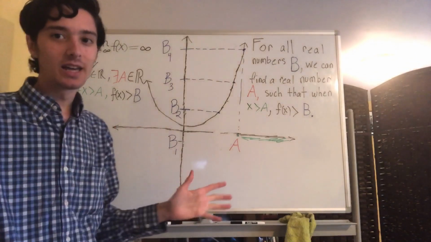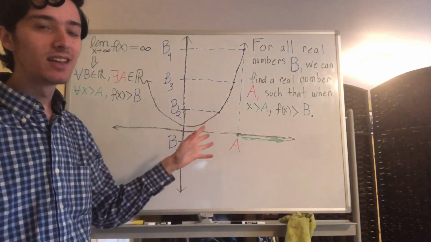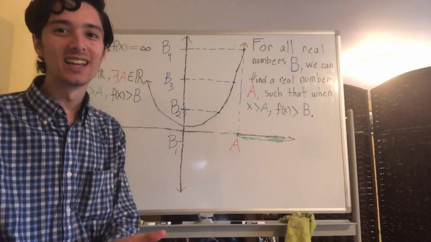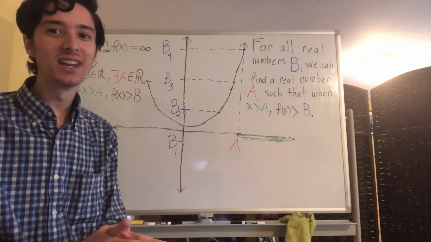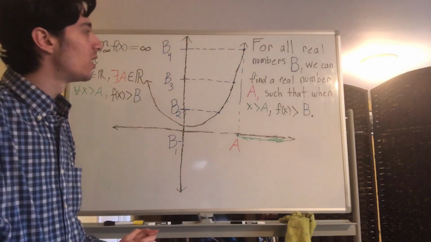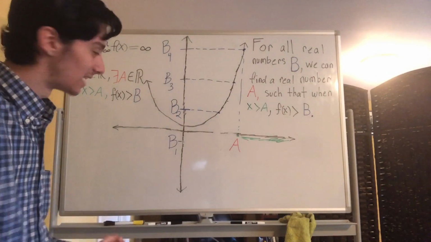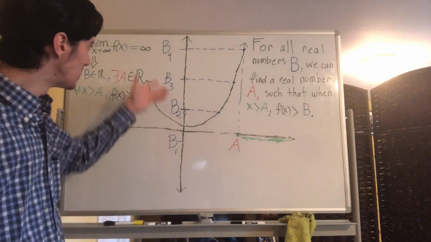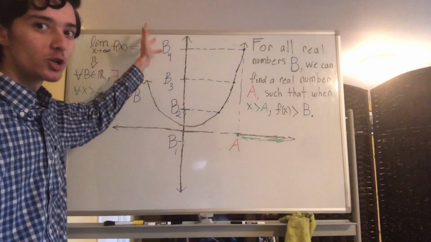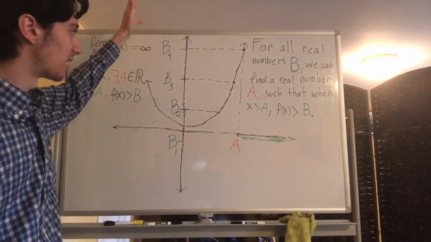And again, if you're watching this and you're seeing that, well, this is just a bunch of words, but how is this saying that the limit as x approaches infinity of f of x equals infinity? Well, again, we choose b to be anything, no matter how large, how small, any value on the y-axis.